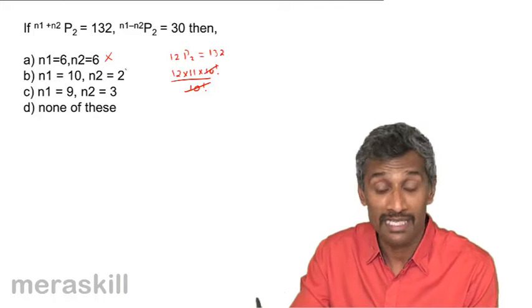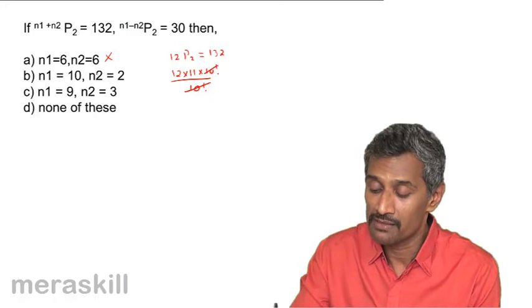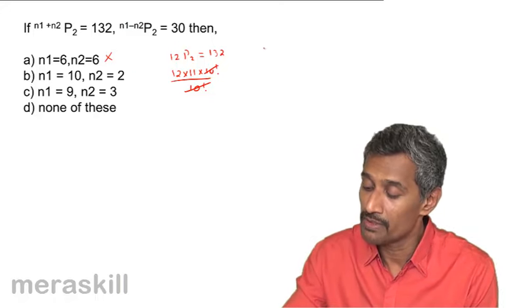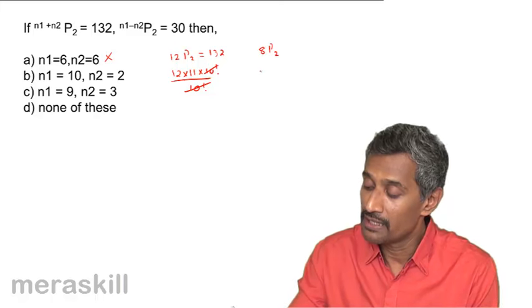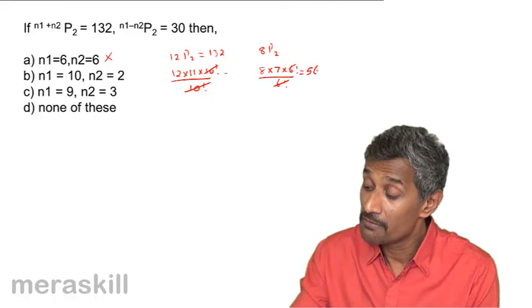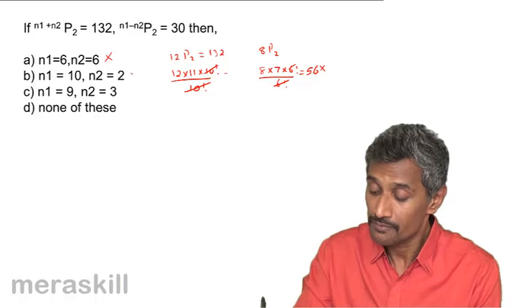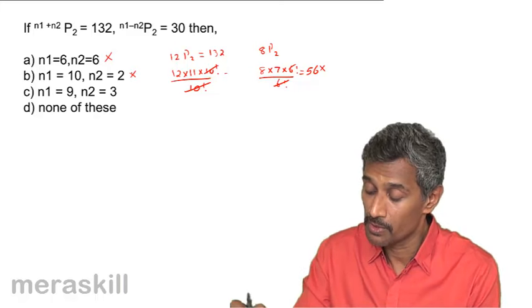Since it is satisfying, maybe we'll check this. 10 minus 2, n1 minus n2, it's going to be 8 P 2. 8 P 2 is going to be 8 into 7 into 6 factorial upon (8 minus 2) factorial, that is 6 factorial. This is getting cancelled and you're getting 56. So definitely this is out of question.